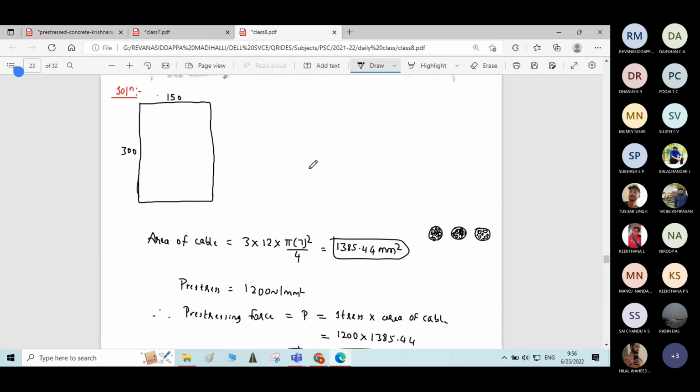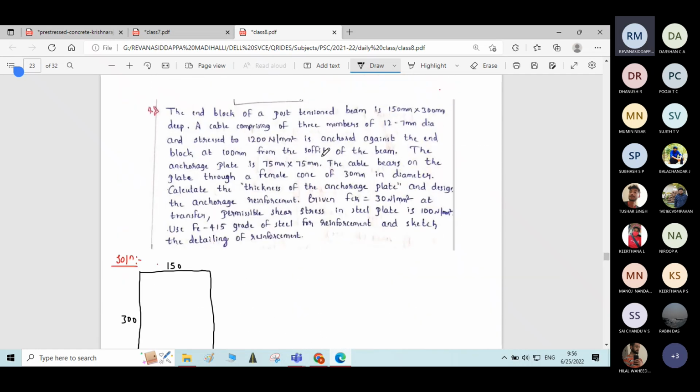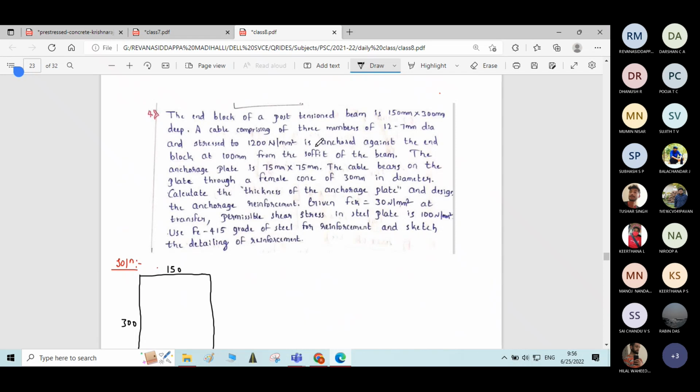Then moving ahead, it is anchored against the end block at 100 mm from the soffit of the beam.